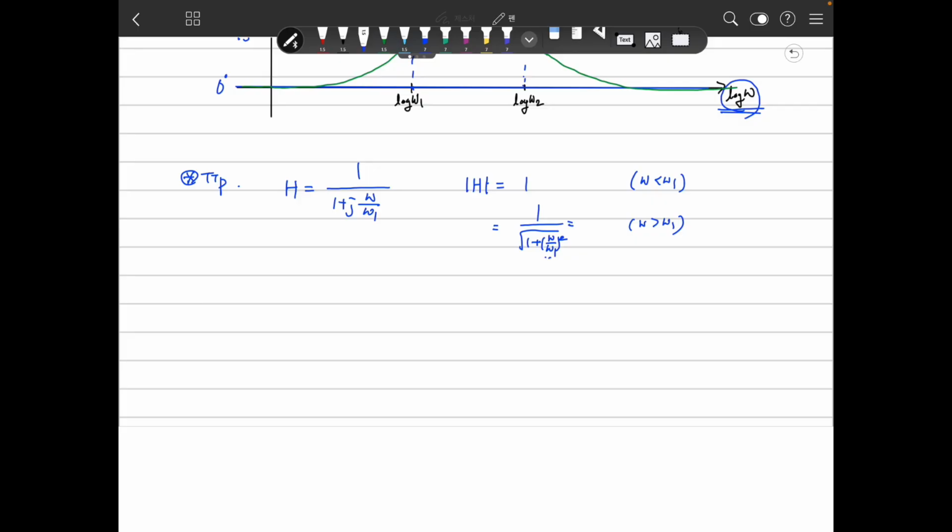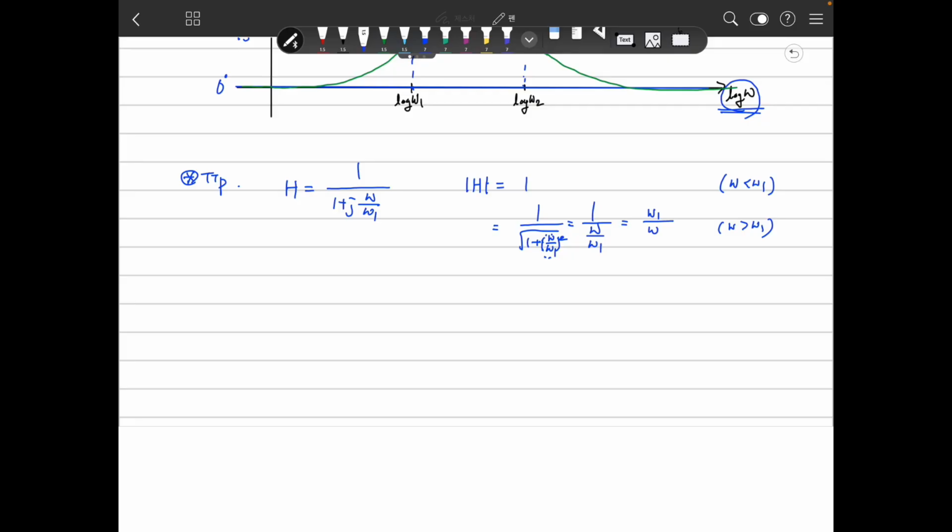Then this is very much larger than 1, so it will look like omega over omega 1. So here there will be omega 1 divided by omega.